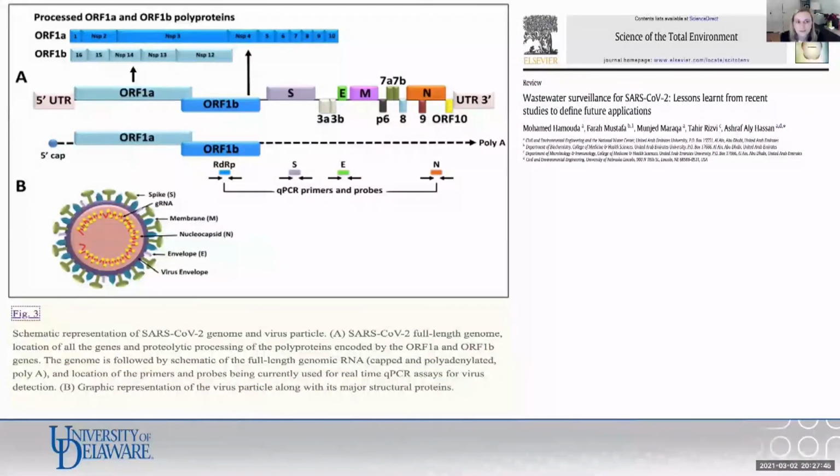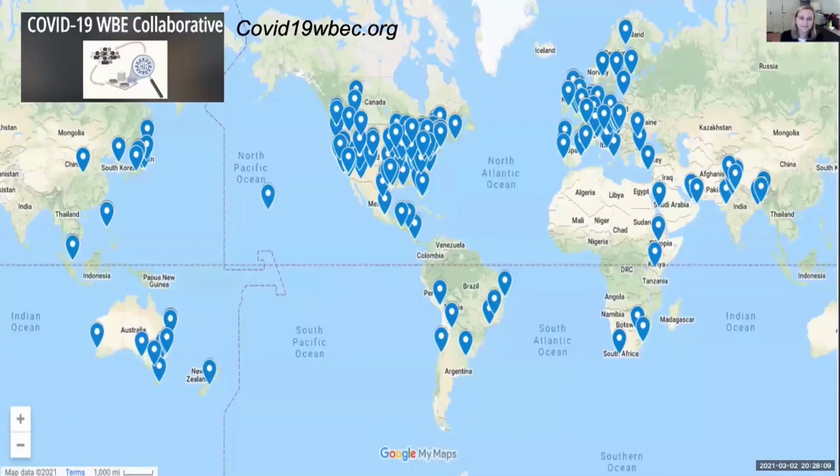And of course, we're using PCR when it comes to detection from the wastewater. And so this is a great paper that looked at what was being done early on in the pandemic, and making sure that many of the early adopters of this technology and early publications were using complementary approaches. And so that the rest of us learning from them would be able to do the same.